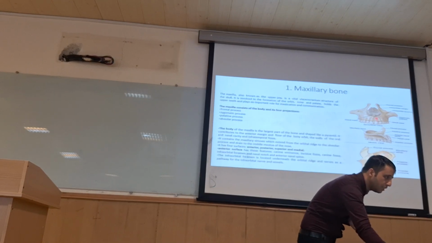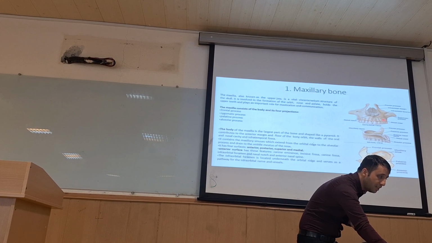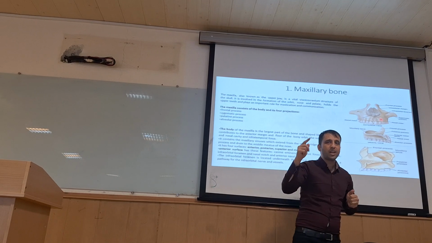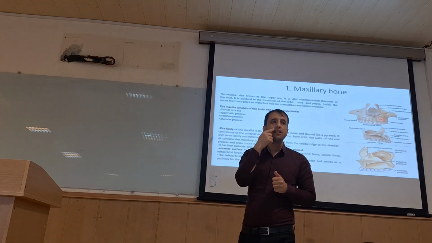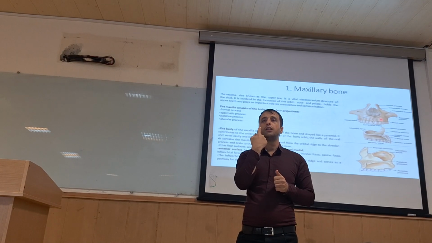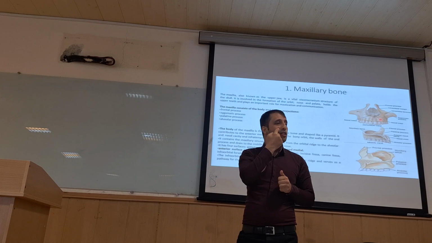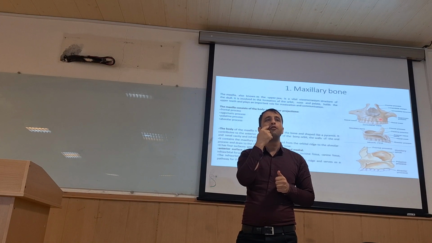Superior to incisive, we have the incisive fossa. Here is the canine fossa. The most prominent eminence in the anterior surface of the body is related to the canine tooth. It is named canine eminence. Lateral to canine eminence, we have the canine fossa.